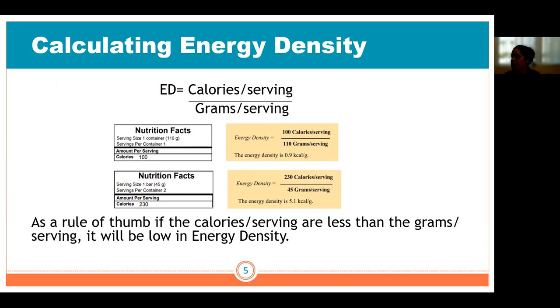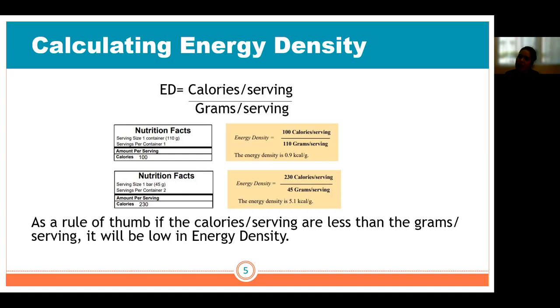The energy density is going to be 0.9. That's good, it's lower than 2. On the other hand, if you're having food that's 230 calories and is only 45 grams, the energy density is 5.1, which is way higher than what we're looking for.